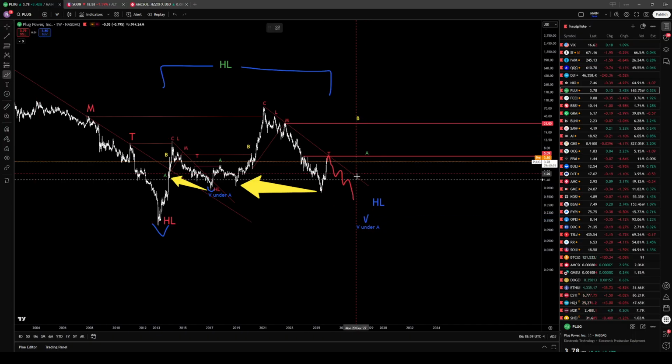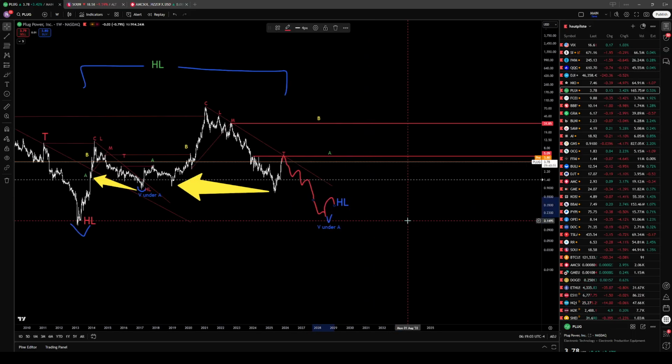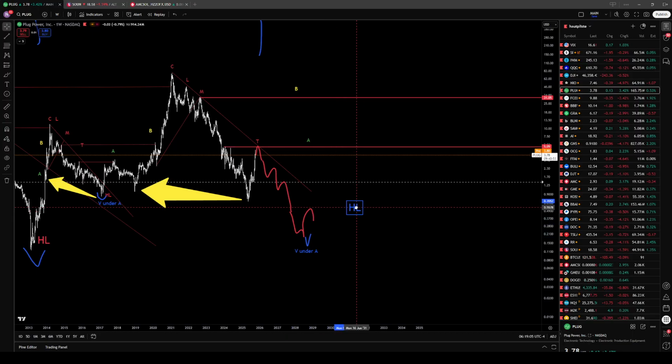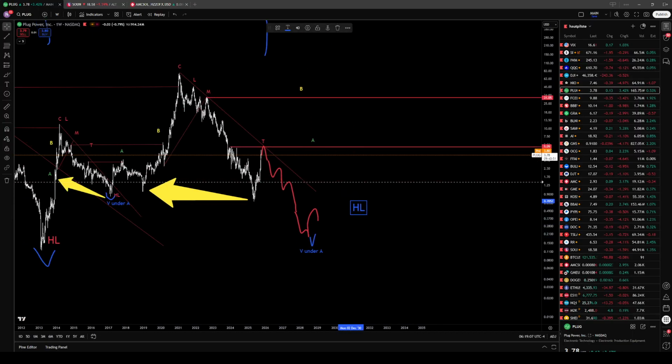So we would wait for the V, for the higher low, and after that, the price targets are still the same. You would go to your A, which is still at $5 and little pullback, and your B would also be in the same range.